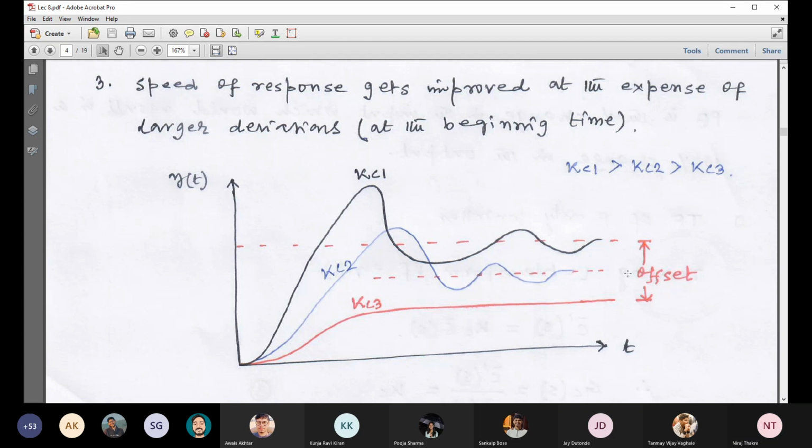I repeat, this is the set point value. So if you see the response corresponding to Kc2, it is getting settled with a certain deviation from the set point. In fact, for Kc1 also we will have certain offset, but this is the smallest one. Okay, so this is offset. In fact, we will discuss this offset issue later. Okay, you take 5 minutes leave, then we will again come back.